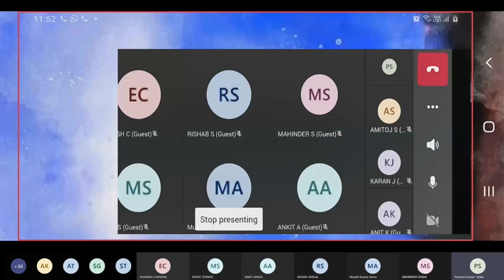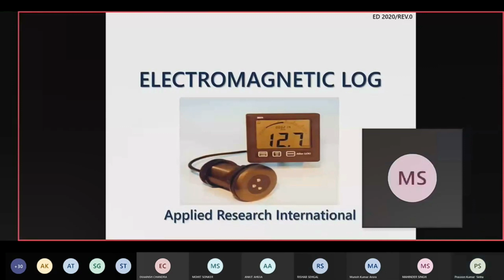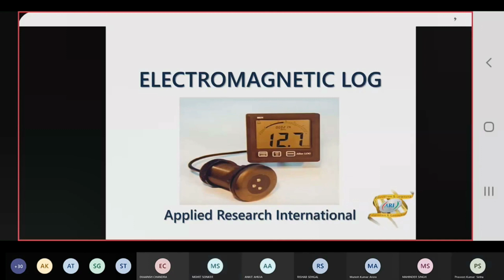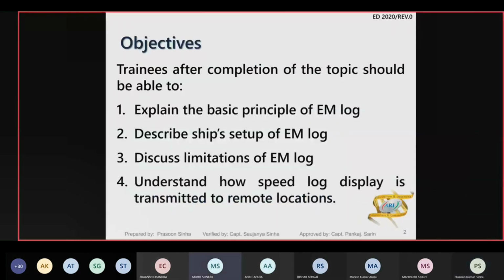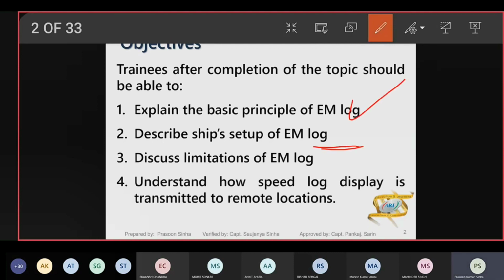All right, I suppose the screen is visible to you all. Yes, sir. All right, so we have done this principle. अब हम करेंगे ship setup of EM log, जैसे जहाज में कैसे होता है.